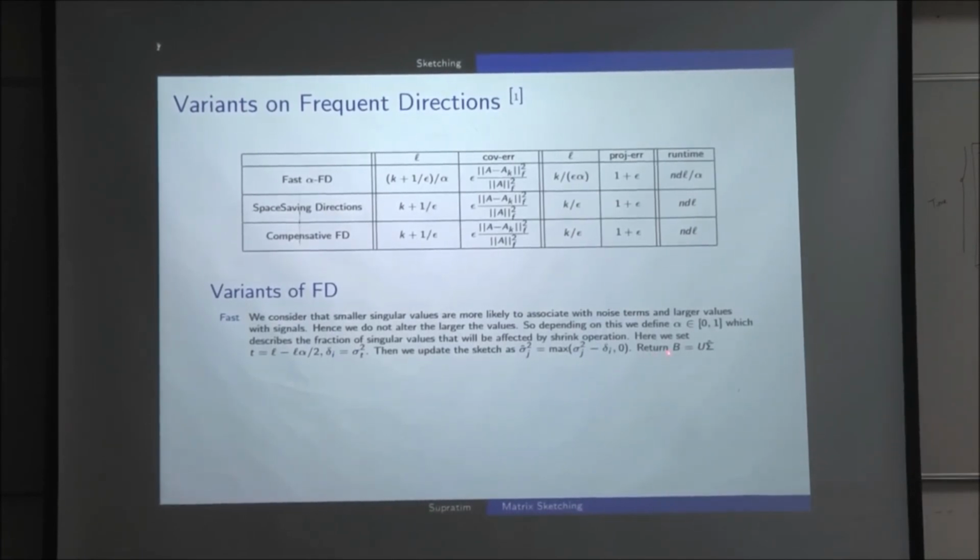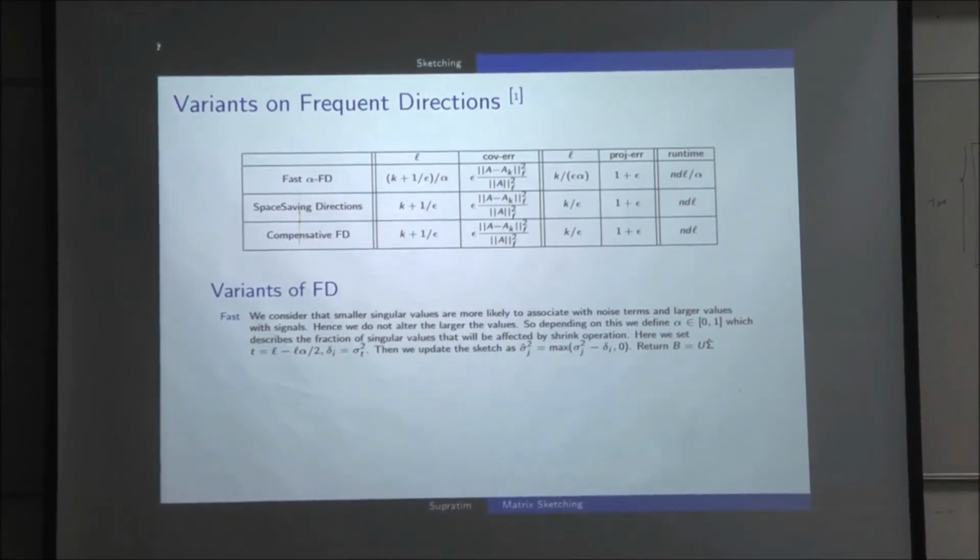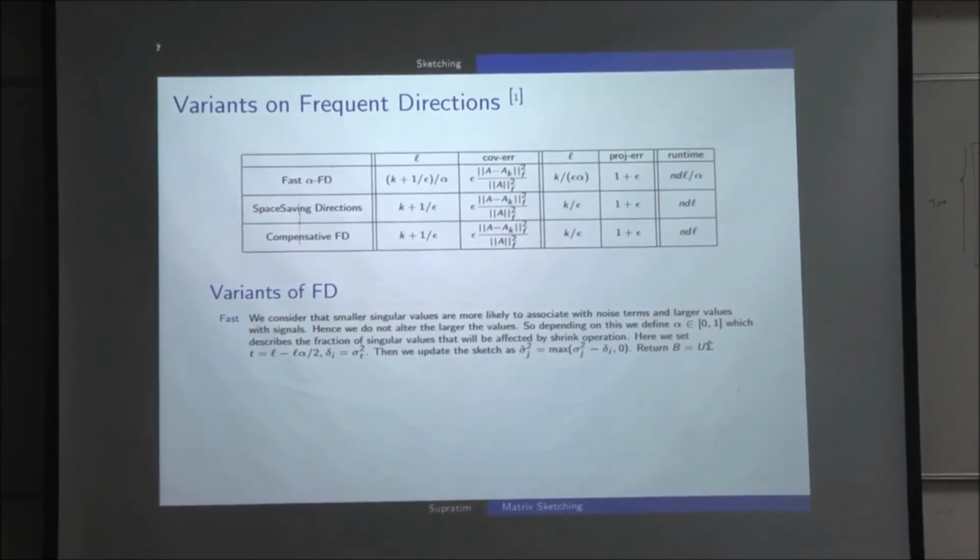So in here we define a parameter alpha, which decides how much shrink we are going to do in our shrink operation while building the sketch of the matrix.